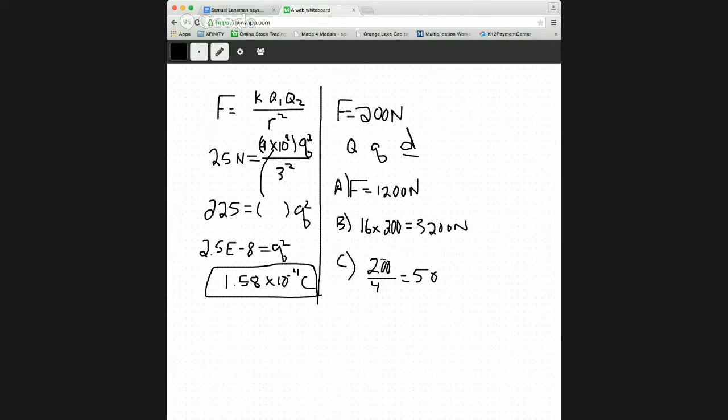That's the distance taken care of. If little q were doubled, then this would double. So now we're at 100. And then if big Q were cut by a third, then this would be down a third. So overall, we'd have 33 newtons of force. That's the best way to do it. Break it up.